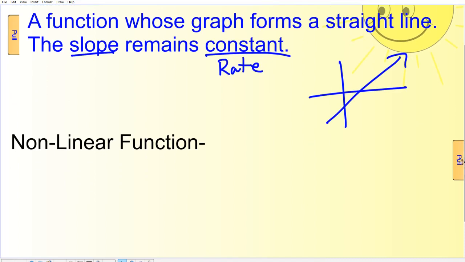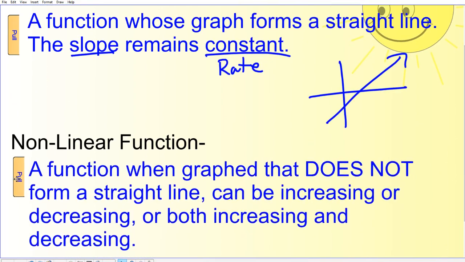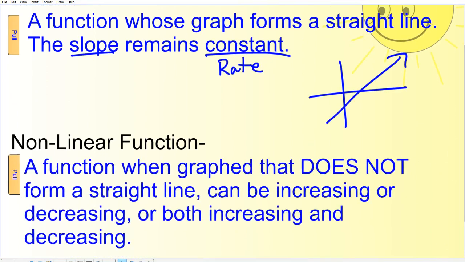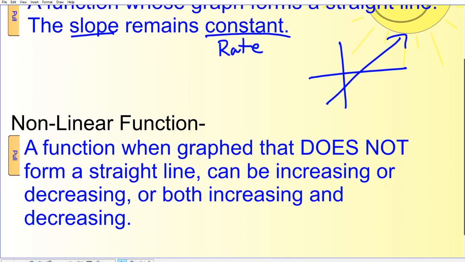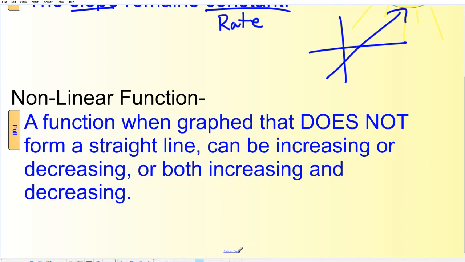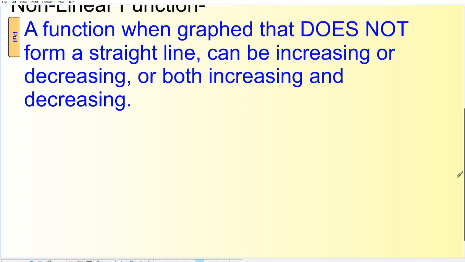A nonlinear function would then be the opposite: a function that, when graphed, does not form a straight line. It can be increasing or decreasing, or both. So you could have something like that, which is nonlinear but decreasing.